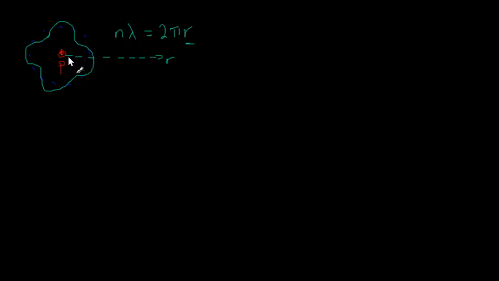So if I imagine plotting a graph about whether I can find the electron, then what I would expect to see is that I can't find the electron below the radius of this orbit, but at the orbit I can find the electron.